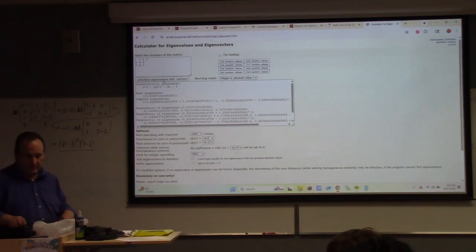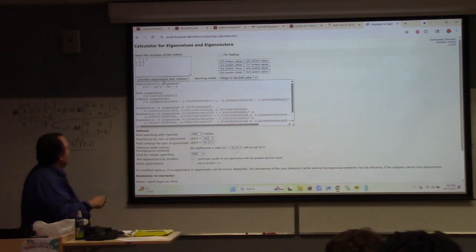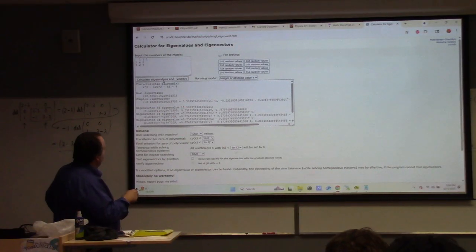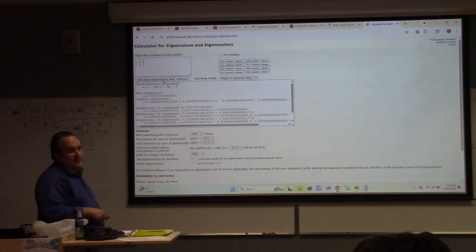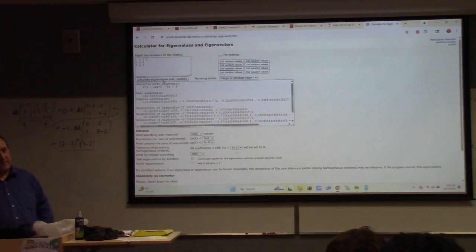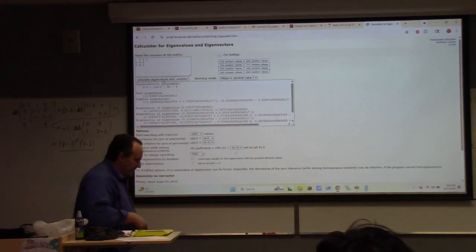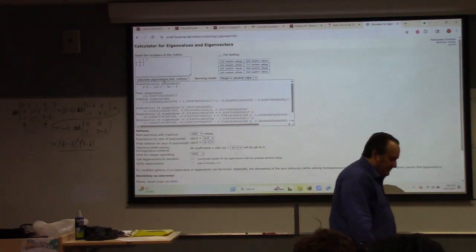There you go. The eigenvalues are 12.5, and then there are complex eigenvalues. There is a numerical approximation to the eigenvector, and to the complex eigenvector. This is super helpful if you're checking your homework and want to double check whether you got the eigenvectors right. Just use this website. I'll make an announcement about this. It's linked in my linear algebra class, but not in here.